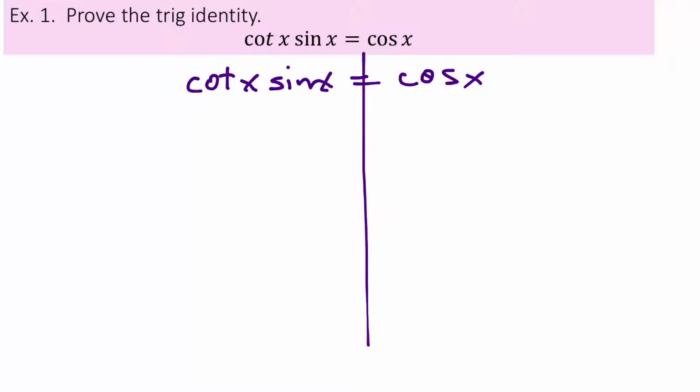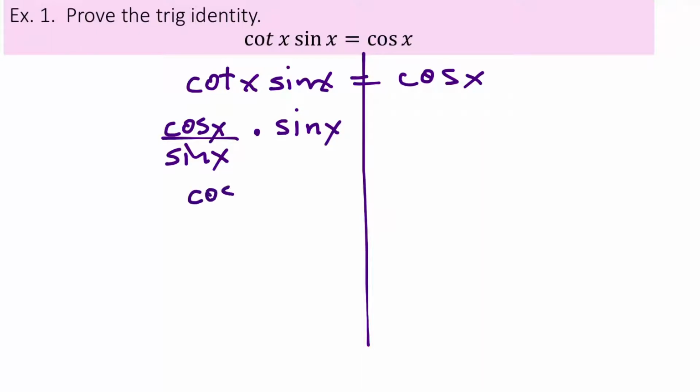So I'm going to use the technique, instead of writing cotangent of x, I'm going to say the cotangent of x is the same thing as the cosine of x over the sine of x. So I've done a substitution. And then I've got the sine of x. All right, now I'm going to do that multiplication.